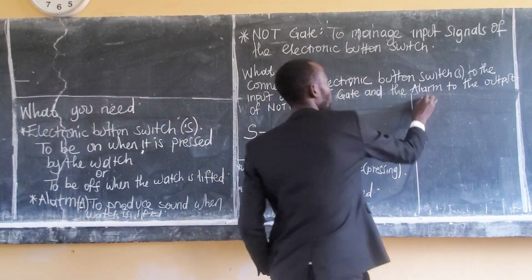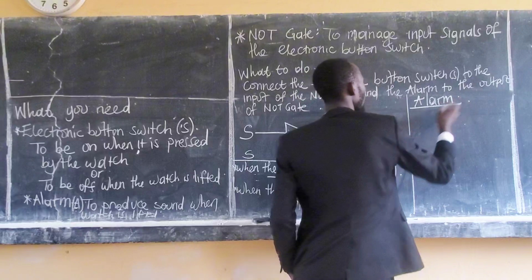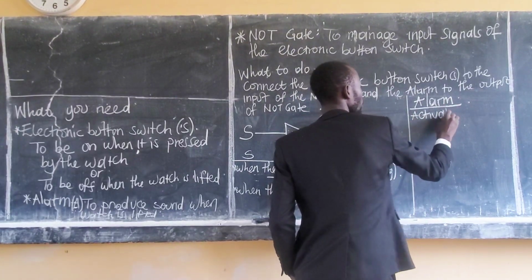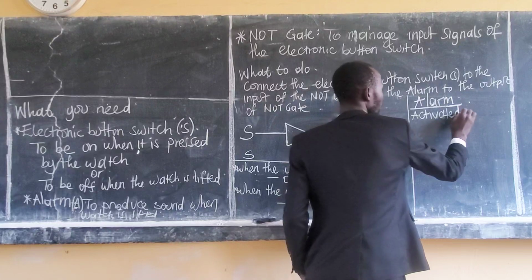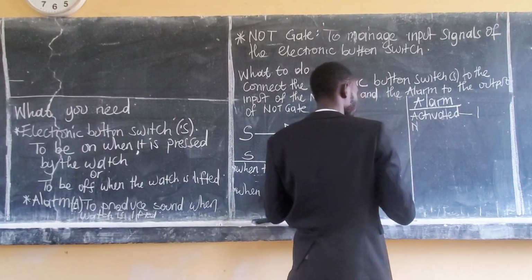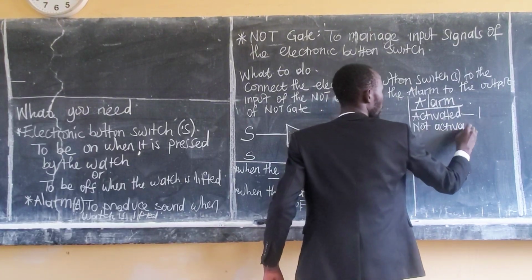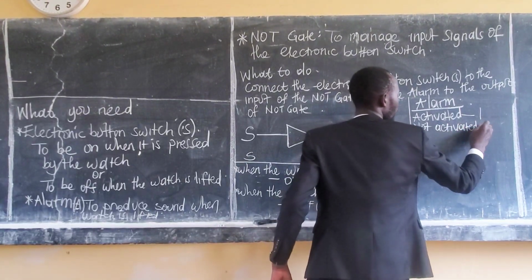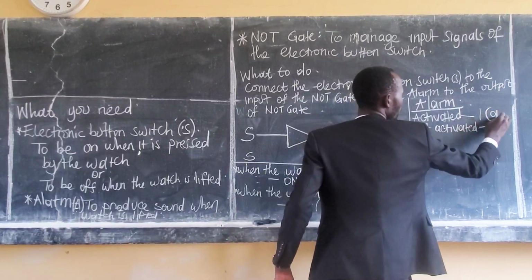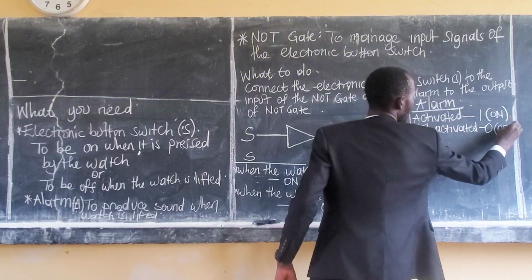So we can also talk about the alarm. When the alarm is activated or producing sound, it will be a 1. When the alarm is not activated, it will be a 0 or off.